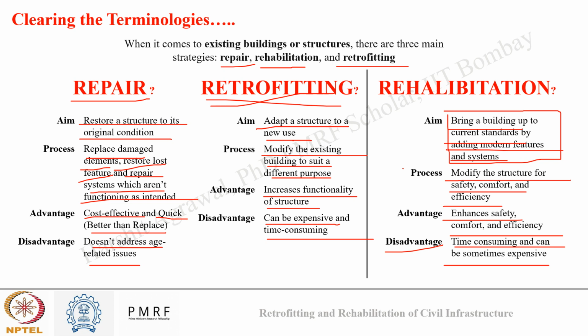Okay, so this is just an overview of retrofitting, repair, and rehabilitation. From these definitions, one can simply say repair is generally carried out when there is some durability issue in the structure. Okay, retrofitting is mainly carried out when the strength of the structure is affected, or when I need to change the functionality of the structure.